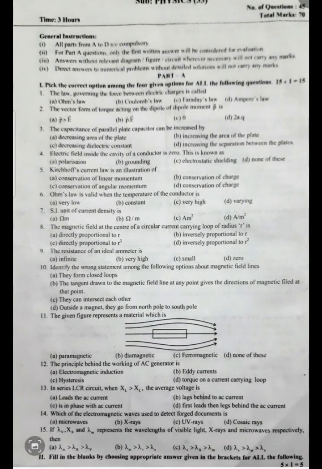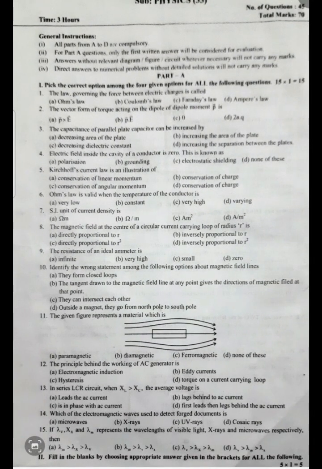And the next one, here the wavelengths of three radiations are given: visible light, X-rays and microwaves. We need to check which has more wavelength. The wavelength order has to be written properly. First, radio waves have the most wavelength, but radio waves are not given.